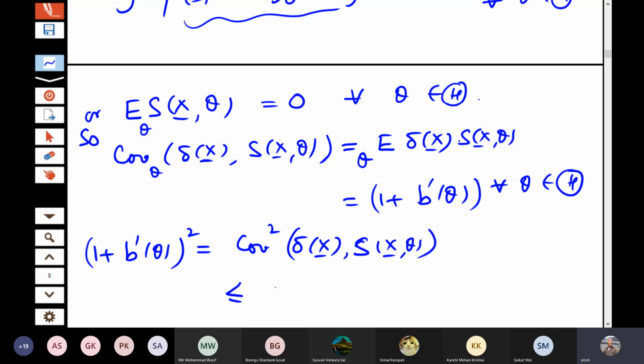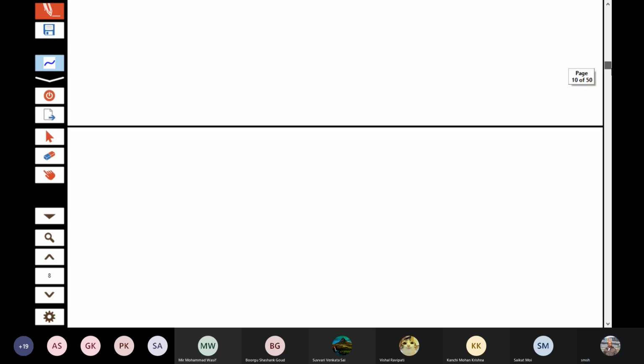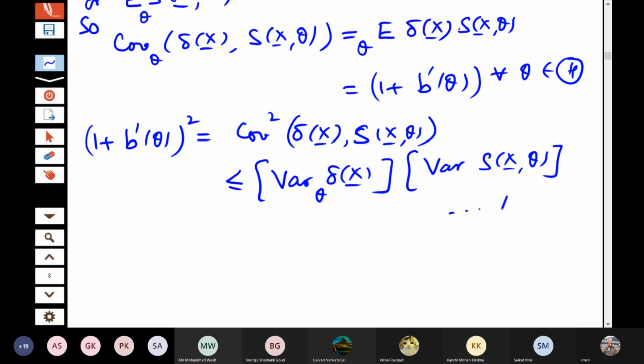Covariance square is less than or equal to variance of delta x into variance of S(x, theta). This covariance-correlation inequality I have told you earlier: rho lies between -1 and 1, so rho square is less than or equal to 1. So covariance square is less than or equal to the variance product.